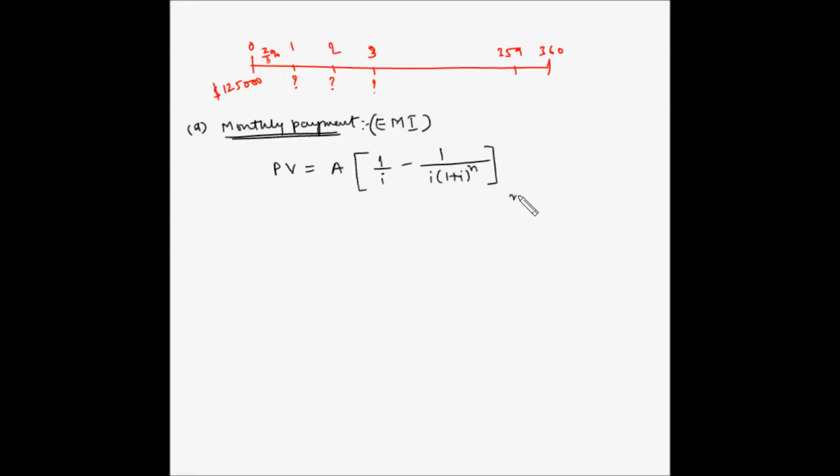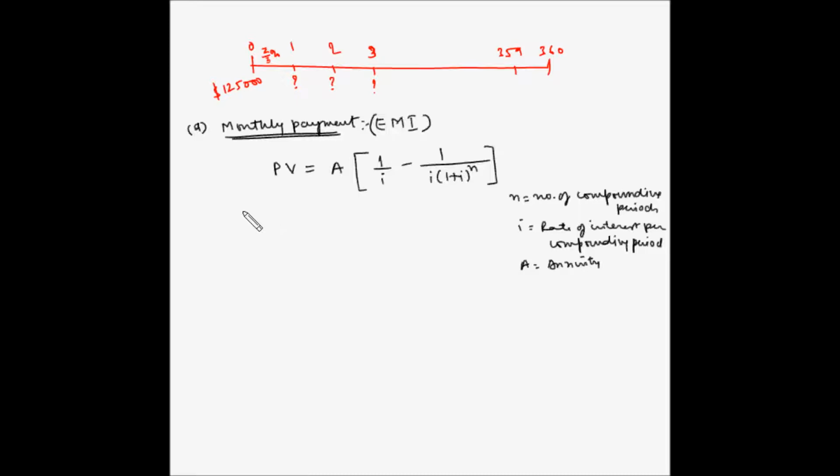Now here n is the number of compounding periods, I is the rate of interest per compounding period, and A is the annuity or the monthly payment in this case.